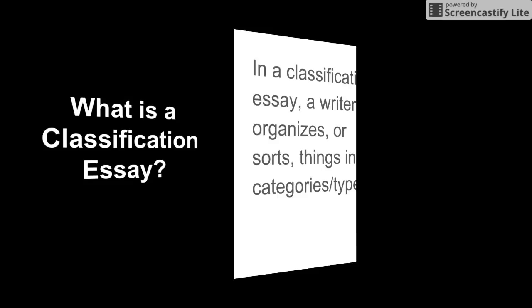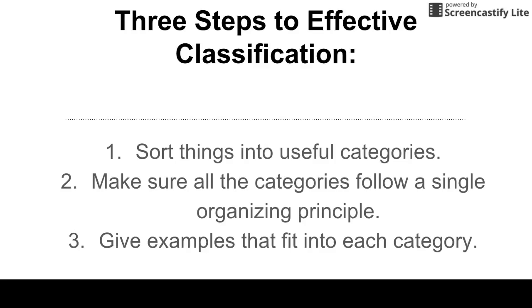In order to start writing, we need to plan the ideas that we are going to include in our essay. There are three key steps to prepare good ideas before writing. The first is to sort things into useful categories.